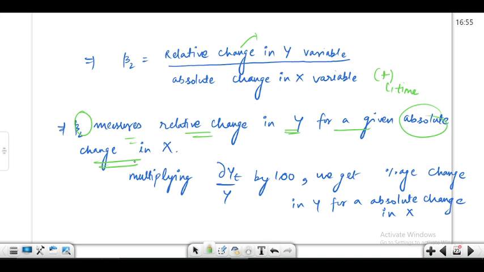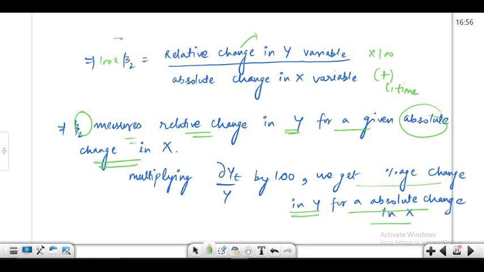Beta 2 is basically measuring the relative change in y for a given absolute change in x variable. And if I multiply this relative change by 100, it means this is also being multiplied by 100. It means that we get the percentage change in y for an absolute change in x.